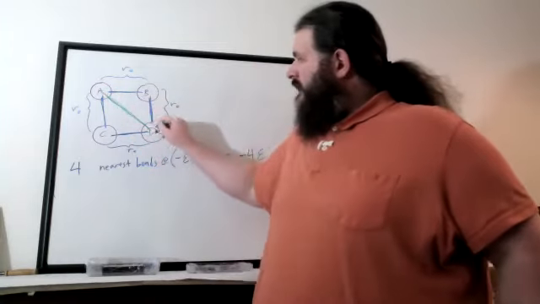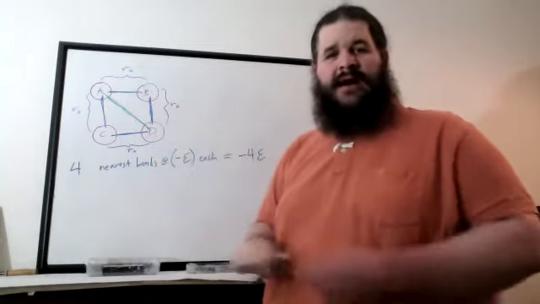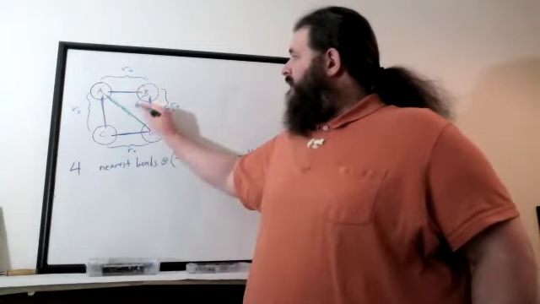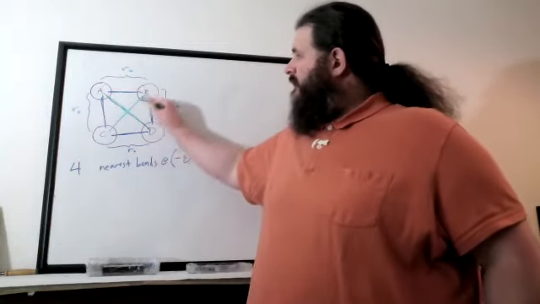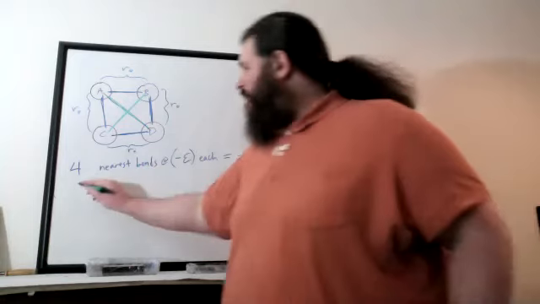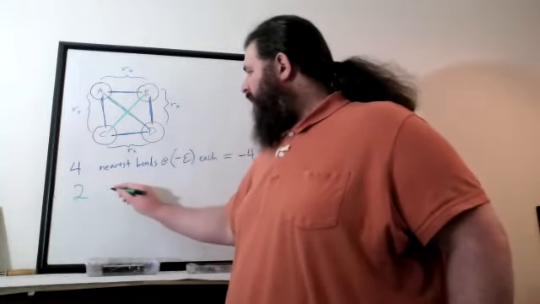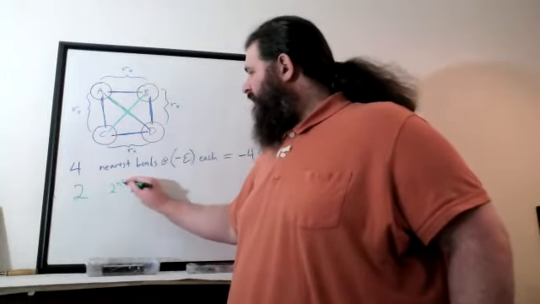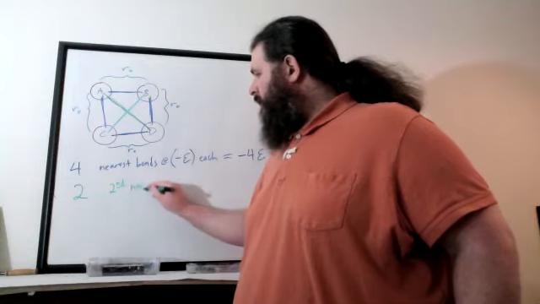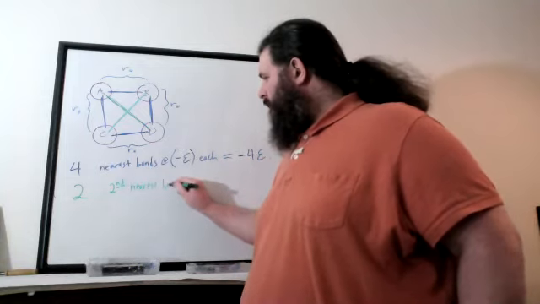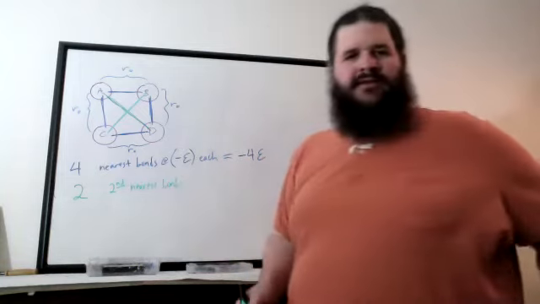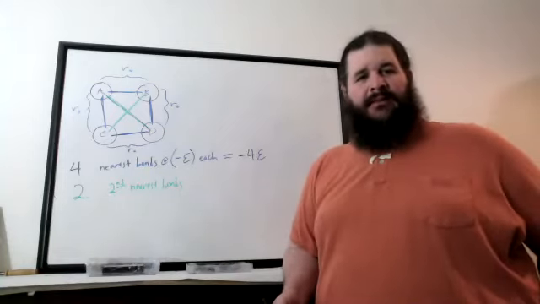Note that that distance is significantly longer than the side of the square. And also BC would be a longer distance as well. So we've got 2 copies of a second nearest bond. And these are often described as next nearest neighbor bonds.